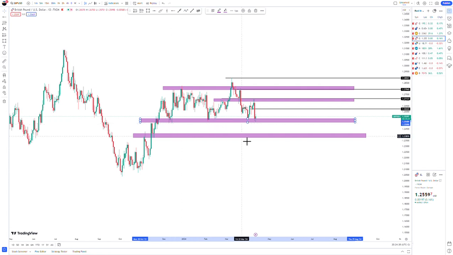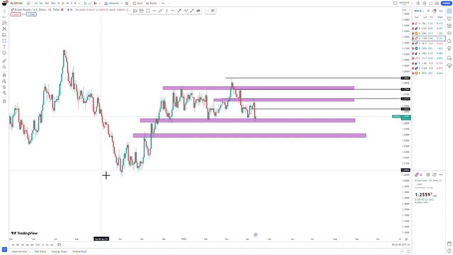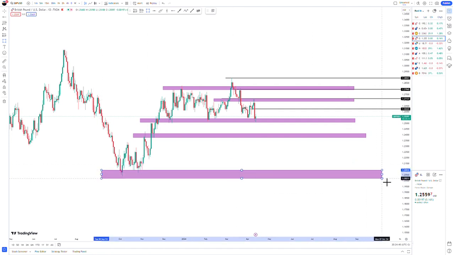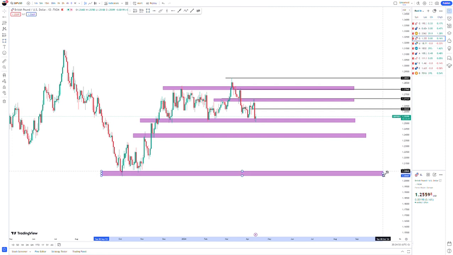So it's a very strong area, most unlikely to be broken that easily. It will take something big to break below that. Since it couldn't even break during the heavy fundamentals we've been having this week, I don't think it's gonna break.